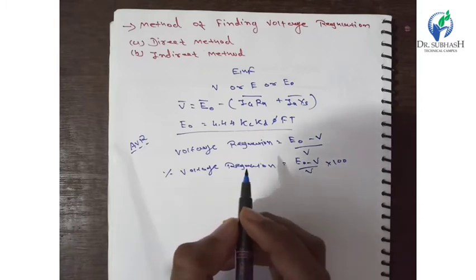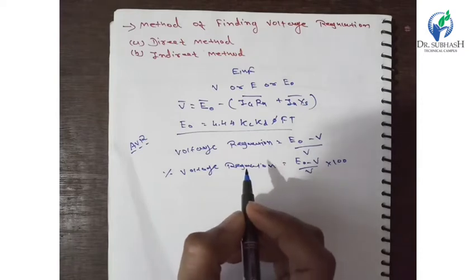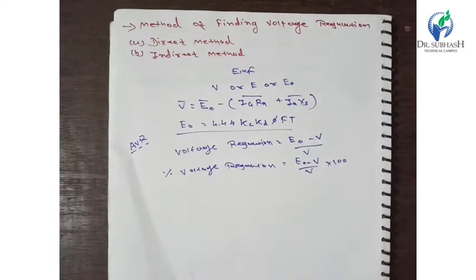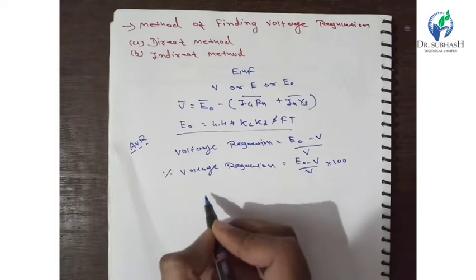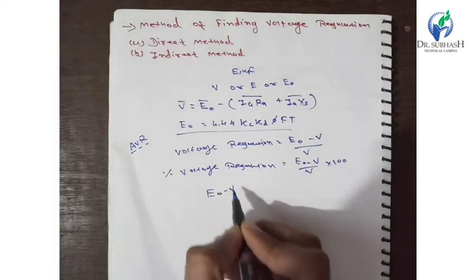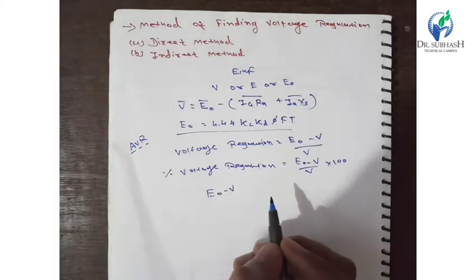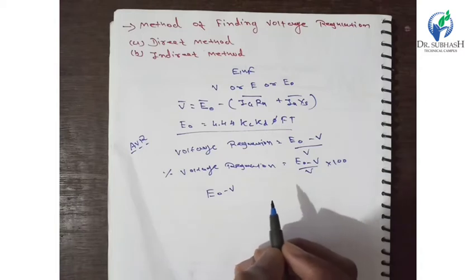During this process, from the loaded condition to the no load condition, speed and excitation are constant. This change, E0 minus V, is used to find the voltage regulation.